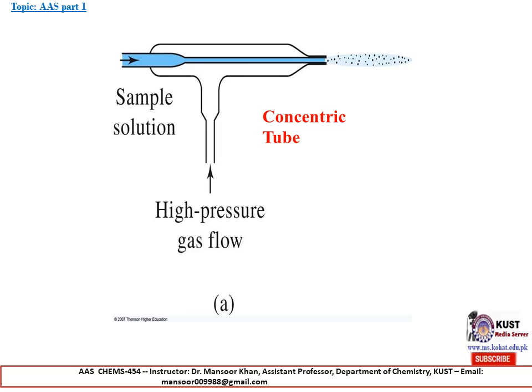With a high flow rate, the liquid is converted into smaller droplets, which is called a spray, and it can be easily atomized. So this is a type of nebulizer, and it also shows the mechanism of nebulizers.